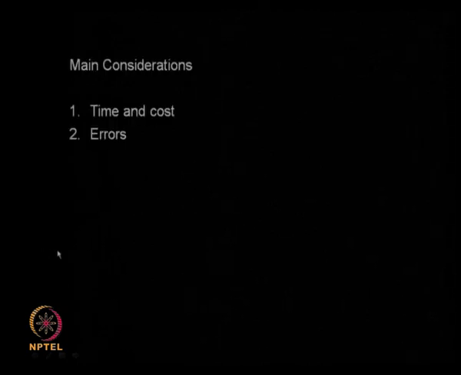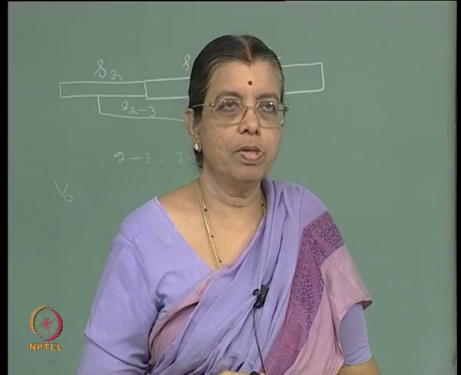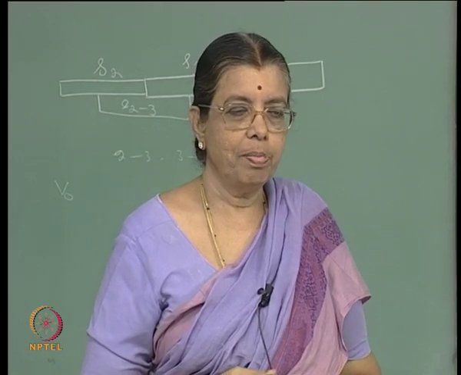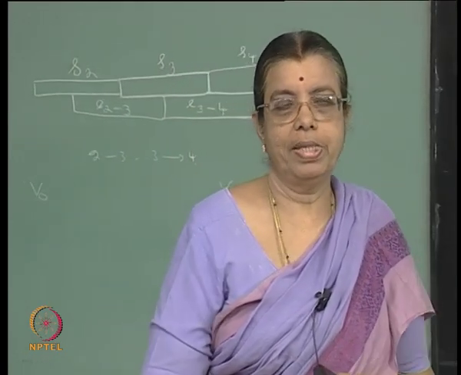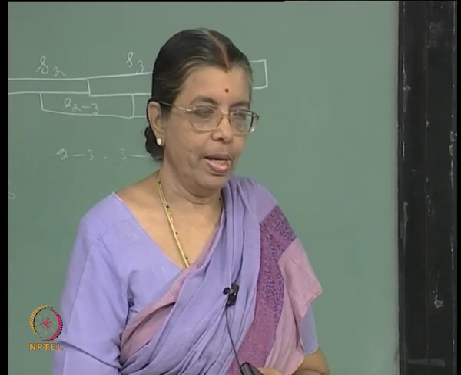And what are the limitations and main considerations in DNA computing? The main considerations are time and cost. As I told you, if it is going to cost you 50,000 rupees and 3 days to perform the addition of two numbers or multiplication of two numbers, it is not worthwhile doing it.